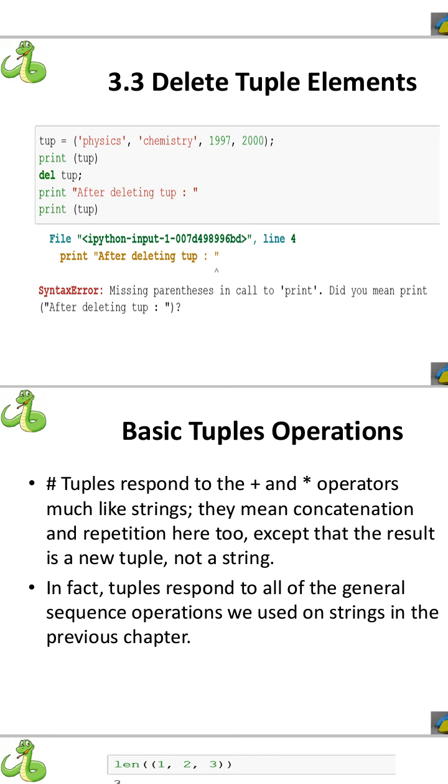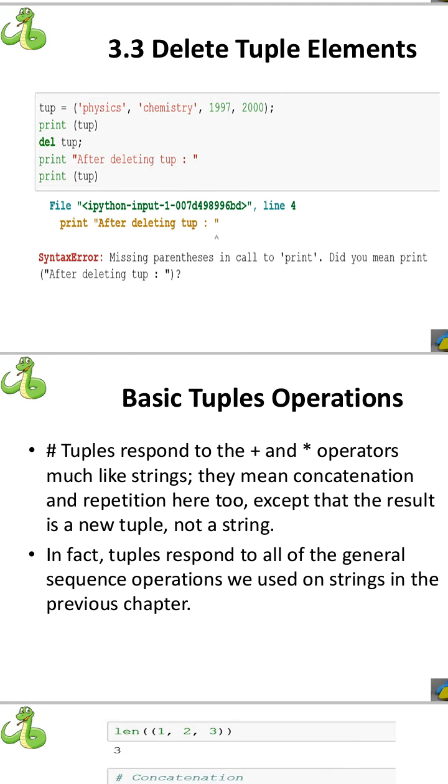After that, I am trying to print the tuple elements, but in the third line we have already deleted the entire tuple using the built-in function delete. Hence, we will not be able to print the tuple elements. Due to that, it will throw a syntax error stating missing parenthesis in call to print.